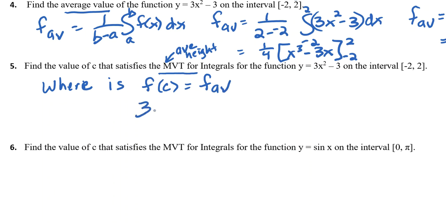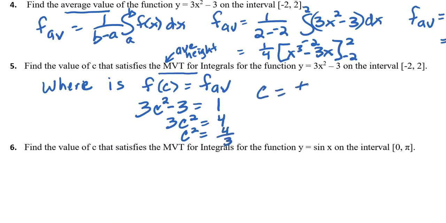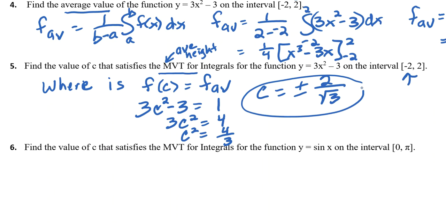So our function evaluated at c, where is it equal to 1? If we've already found the average height, then we've done the hard work here. So c is equal to plus or minus 2 over the square root of 3. Both answers are in our interval, so we'll keep both of those values.